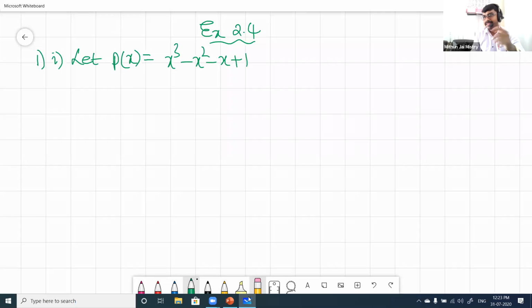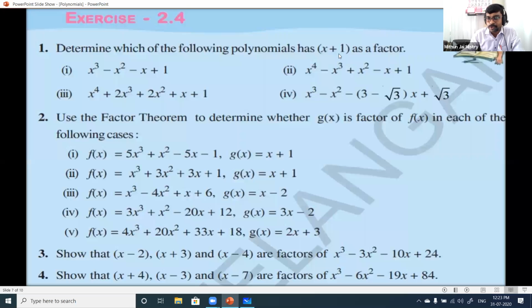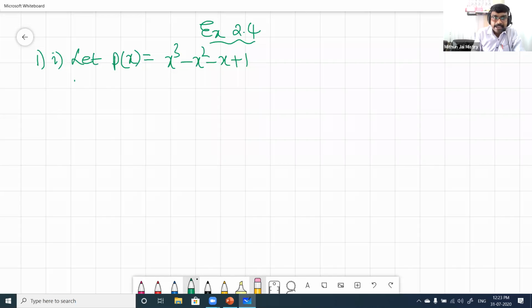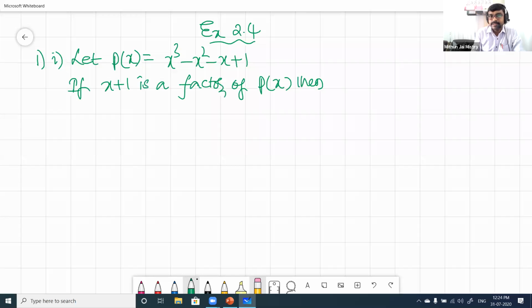Why? Because as Raju said, we have to use the remainder theorem, right? So to check whether x plus 1 is a factor or not, here I will write: if x plus 1 is a factor of p of x, then p of minus 1 should be equal to 0.